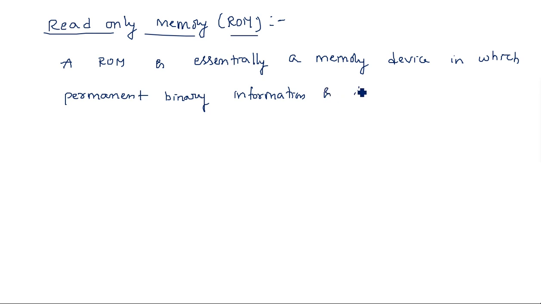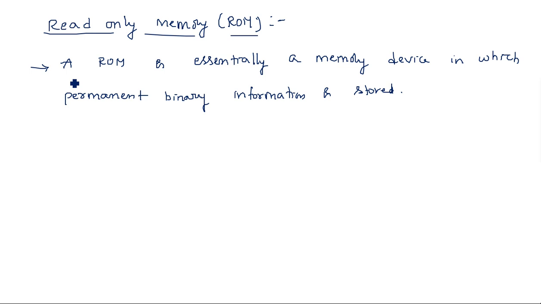This is what the ROM is: a location used to store the data permanently. The binary information must be specified by the designer and is then embedded into the unit to form the required interconnection pattern.